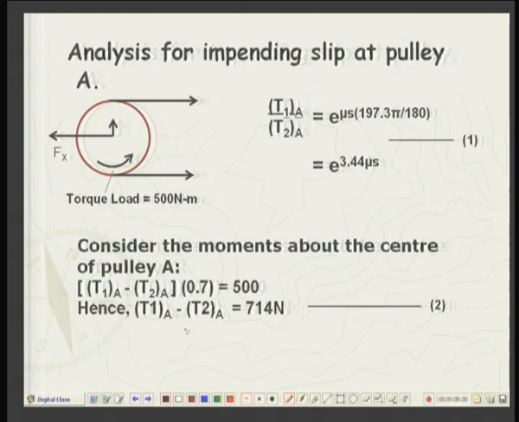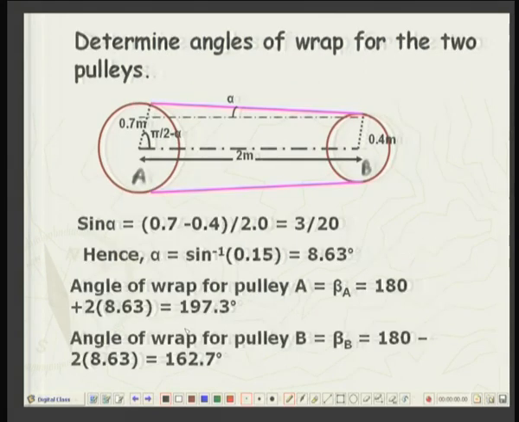So, after having calculated both the angles of wrap, we will analyze first pulley A and then pulley B. Now, what is the information available to us? The angle of wrap was found out to be 197.3, and also there is a total horizontal force from the bearing which is given as 2000 newtons, okay, and then the total torque is also known.